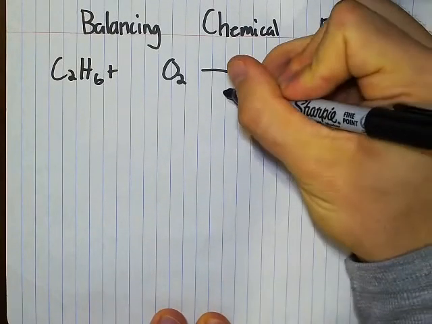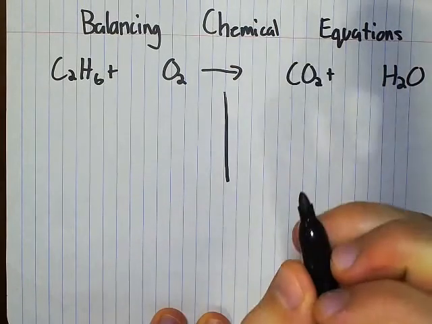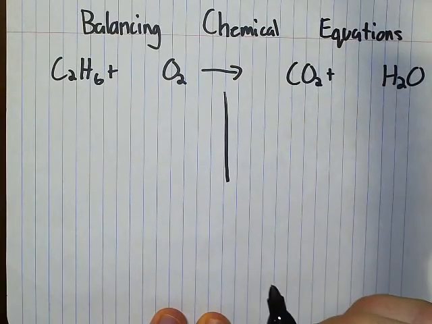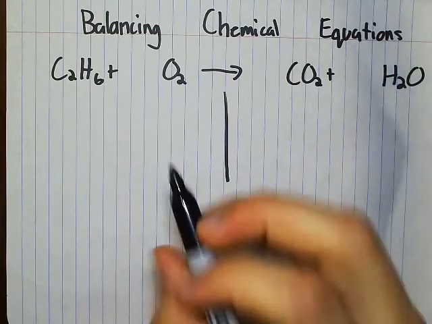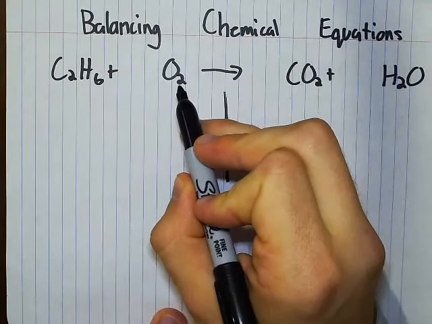So to start, I'm going to split up my product side from my reactant side. The first step is to tally up all of the atoms on each side of the equation when it's unbalanced. So, first thing I need to do is identify what atoms, what elements I've got. I've got carbon, hydrogen, and oxygen.